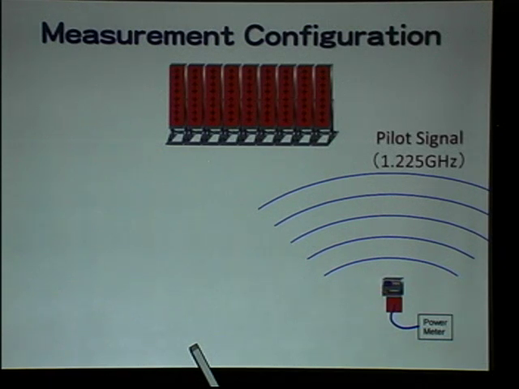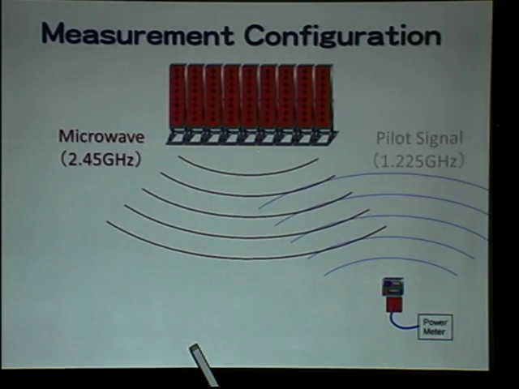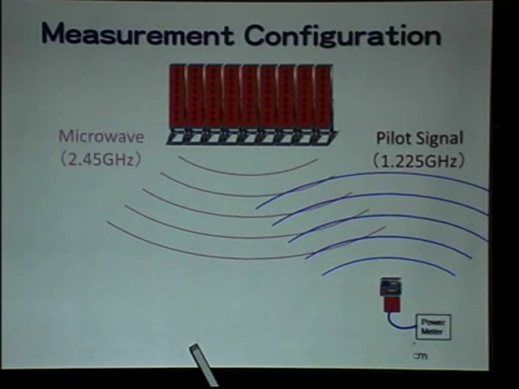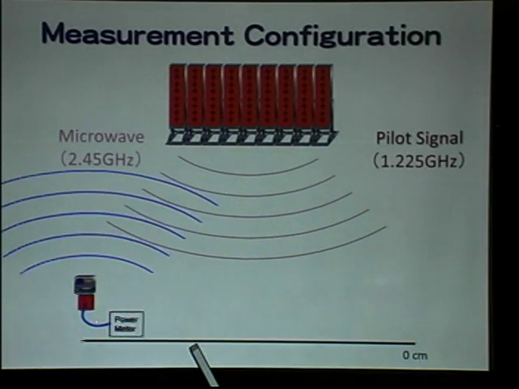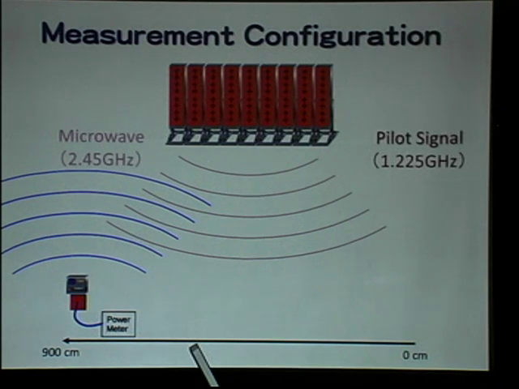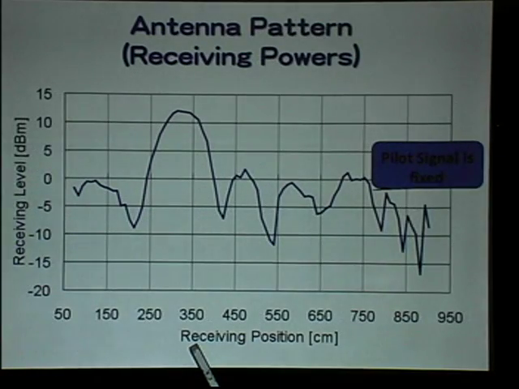The pilot signal radiates from here, and the microwave is radiated, and we measure while moving the pilot signal together with the measurement system. What I showed you before was when the power signal is fixed, we can measure the antenna pattern.